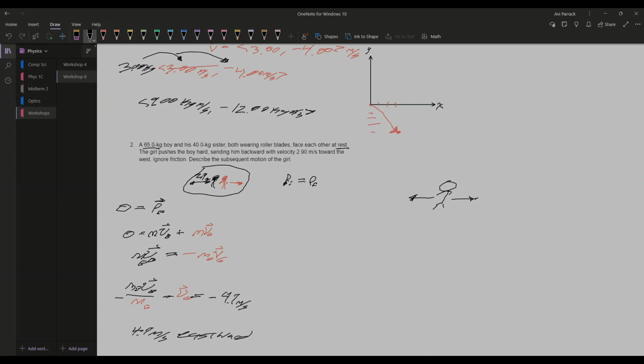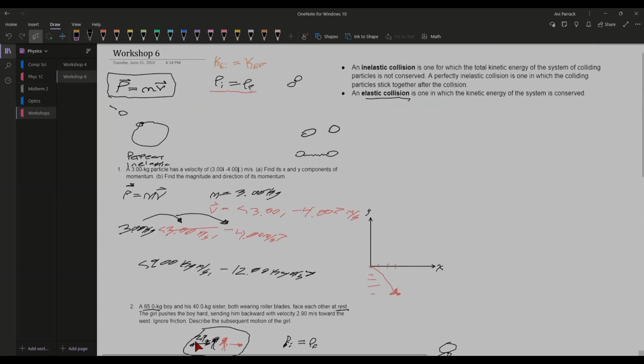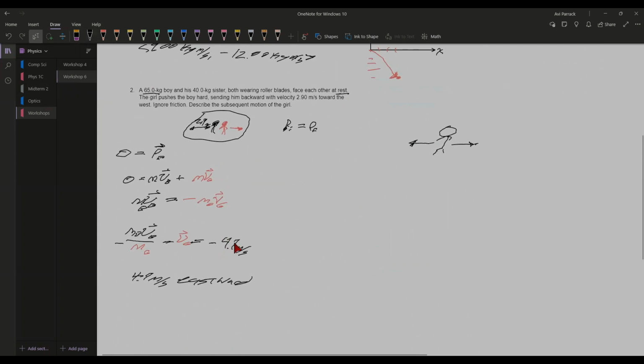Okay. And does this answer make sense? The sister is going faster than the boy. And that's what we should expect because she weighs less. She has less mass, right? She is lighter. So if we apply the same force to the boy and to the girl, we would expect different accelerations.